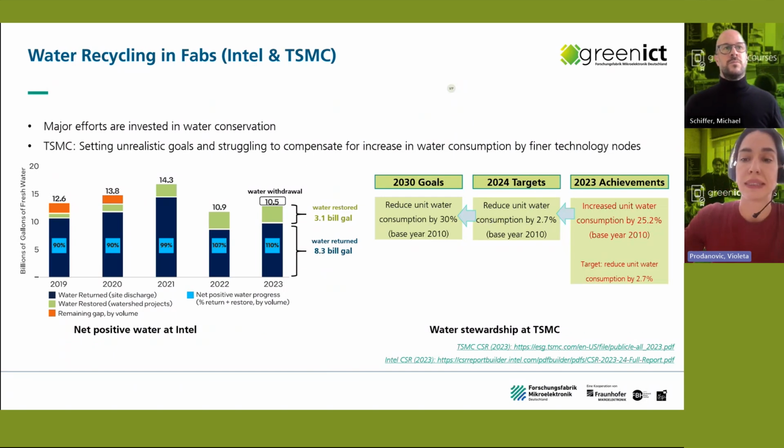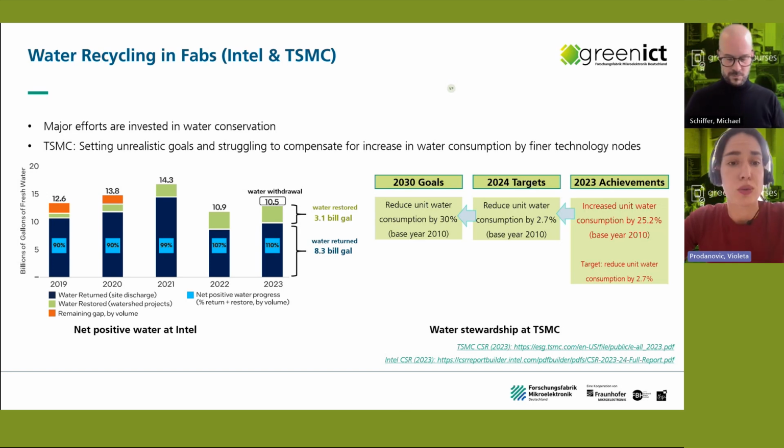Water restored is discharge, plus water returned, which is basically related to different watershed projects, for example. So the ratio of these two would be then, or the other way around, would be 110%.